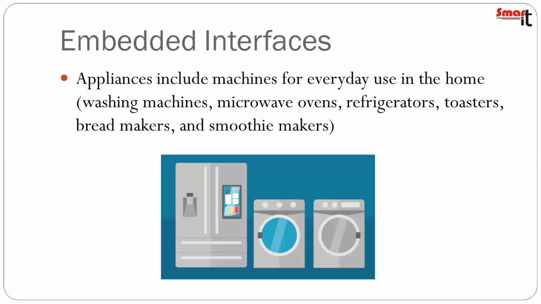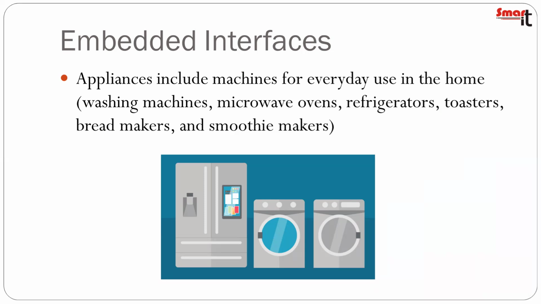And embedded interfaces. Embedded means, for example, applications where sometimes at once we can't even see the interface. If you take the washing machine in your home, the washing machine is an embedded interface. It means there are some applications inside that, software components also inside that.